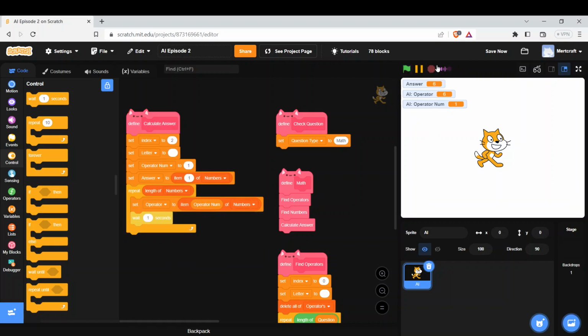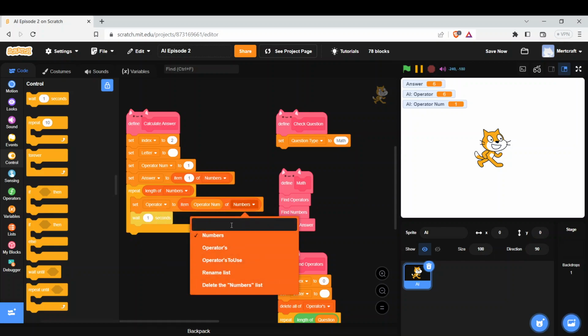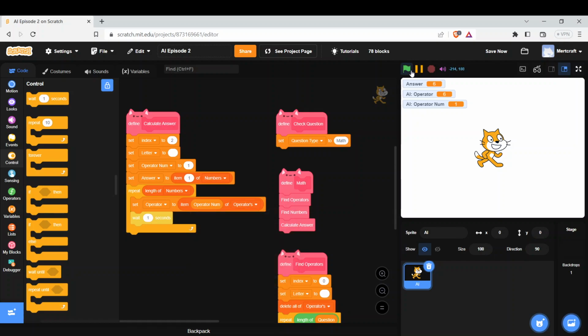Why is it not working? Oh, sorry guys. Instead of numbers, do operators. And now if we ask like 6 plus 6 minus 3, it should first set plus and then minus. Let's check.